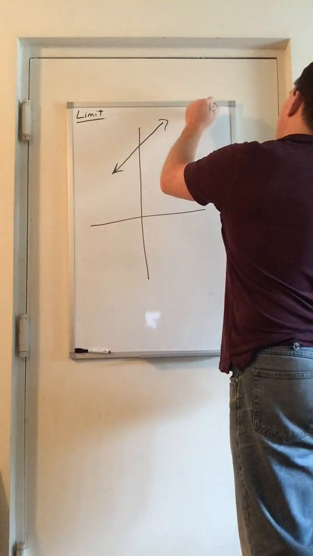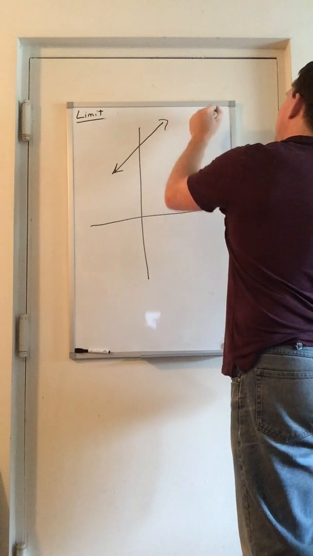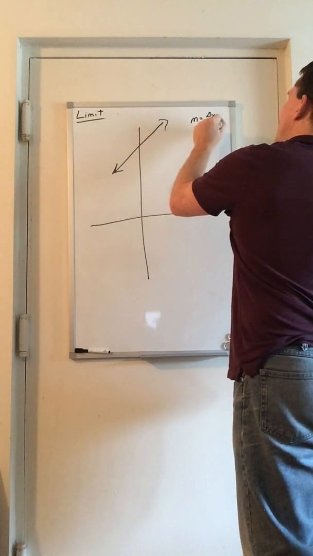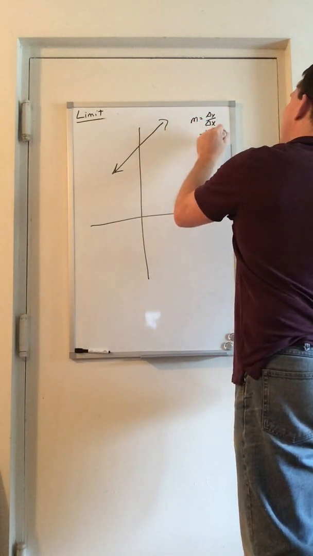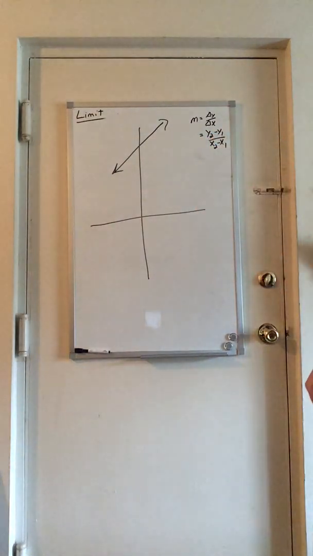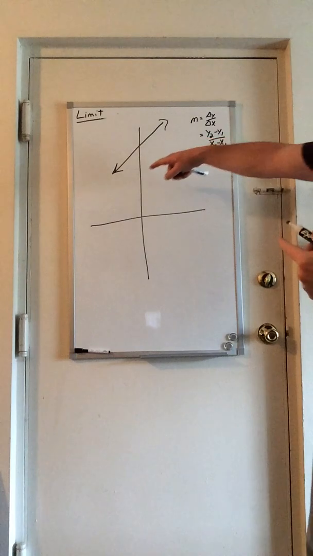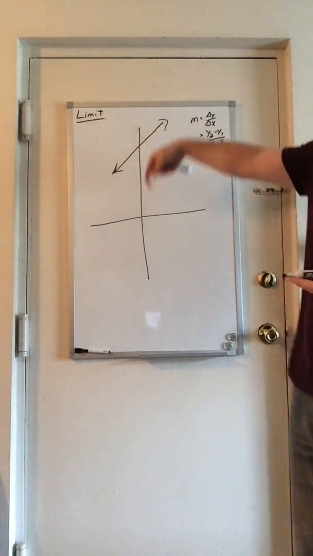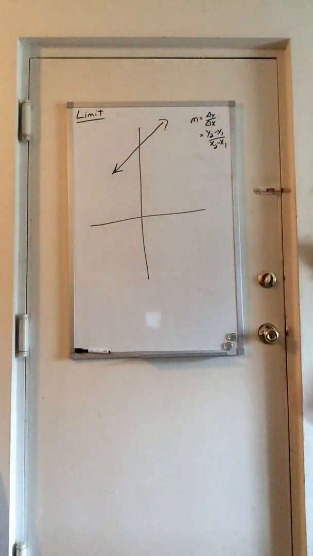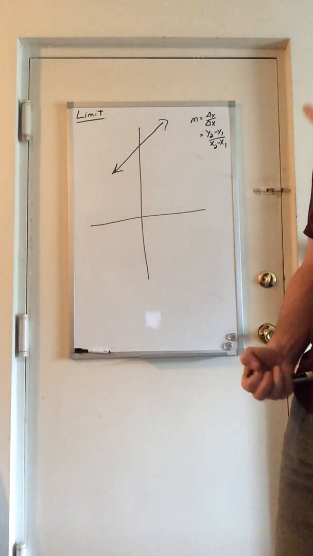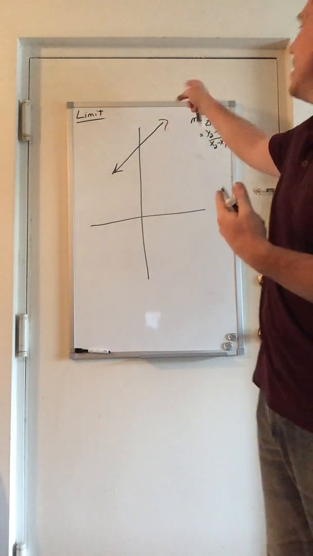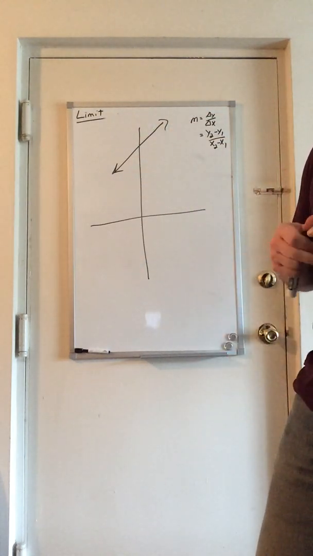I can say m is delta y over delta x, y2 minus y1 over x2 minus x1, rise over run, whatever you want to call it. And we all know this slope will be positive. If I gave you a couple of points on the line, plug it in there, get the slope, and be done with it. And what you learn in 171 is, it doesn't matter what 2 points I use, that slope is constant. The rate of change is constant.